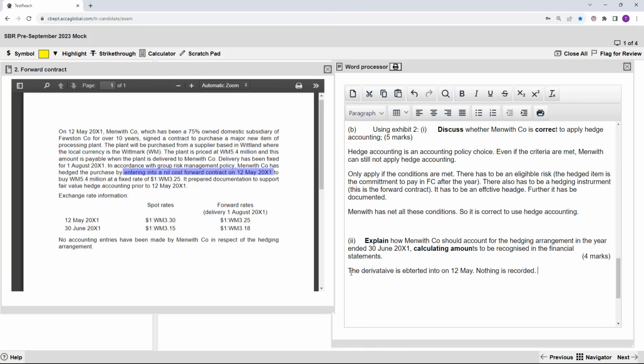A derivative is a contract that you enter into at little or no cost. So on initial recognition, nothing is recorded at that date. But it must be remeasured to fair value at the reporting date.